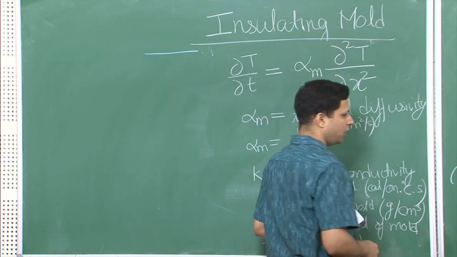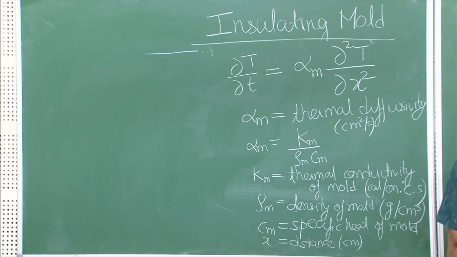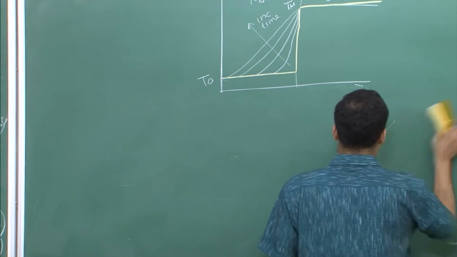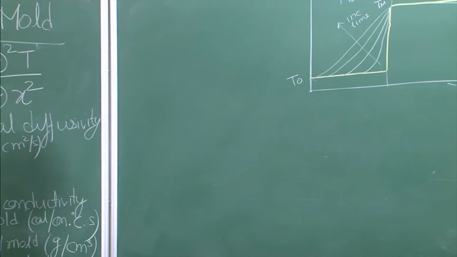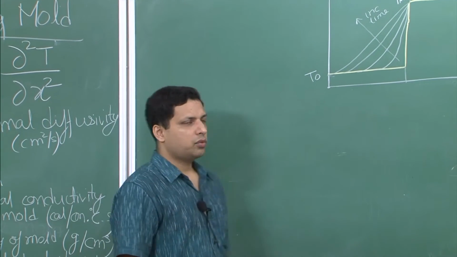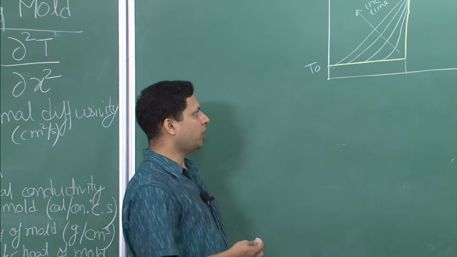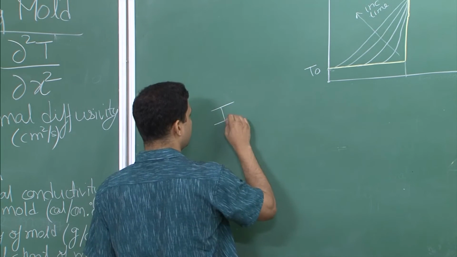Next, what we need is to define the initial and boundary conditions. We know the governing equation, but what are the conditions? Because we are using a simplification, there are most likely certain conditions that we can use over here. So let us look at some of those conditions.